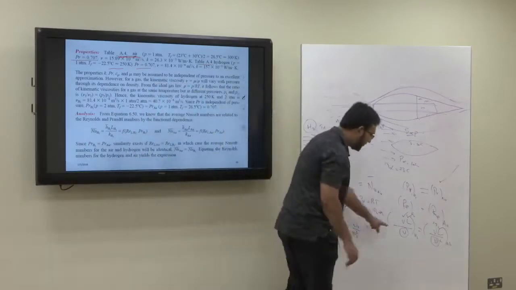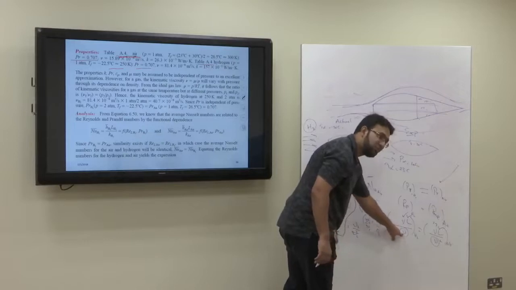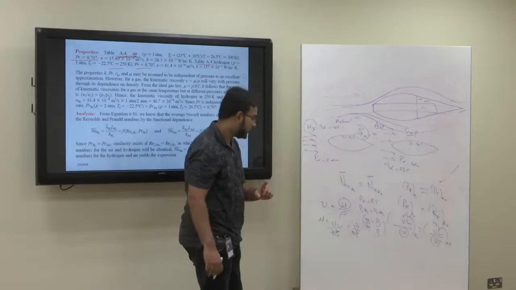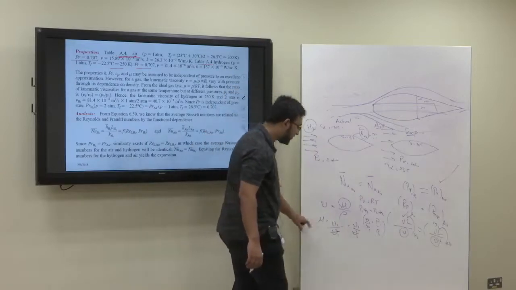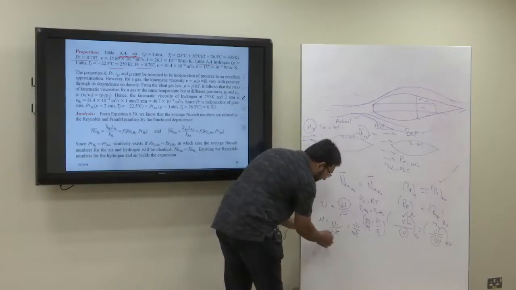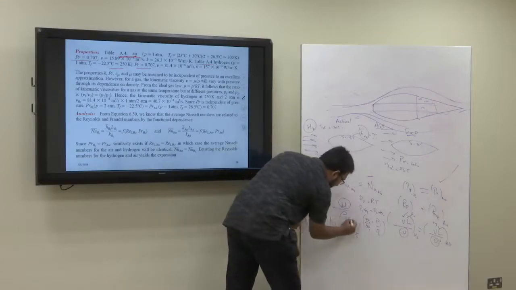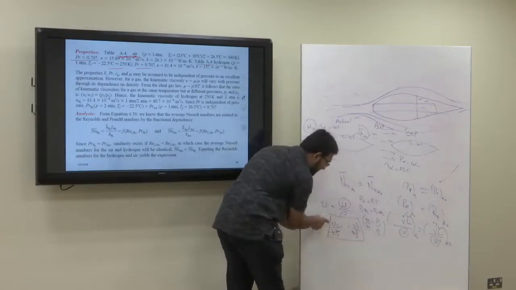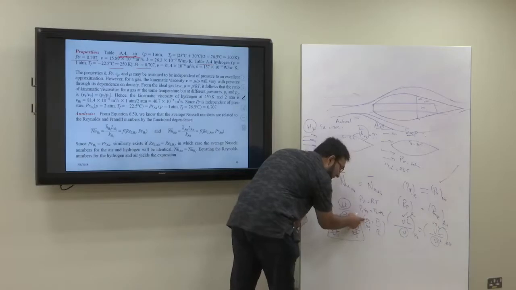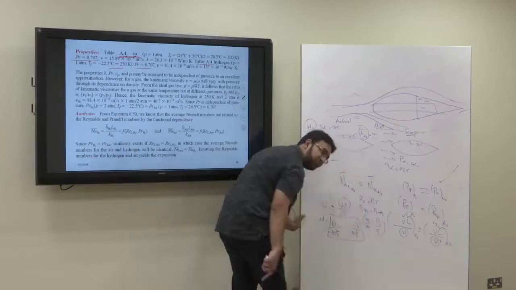Now remember, we need to know the specific volume of hydrogen for 2 atmosphere, okay? The specific volume of hydrogen for 2 atmosphere will be equal to what? So now we have a relationship: the viscosity over a specific volume, and we have a relationship between specific volume and pressure.